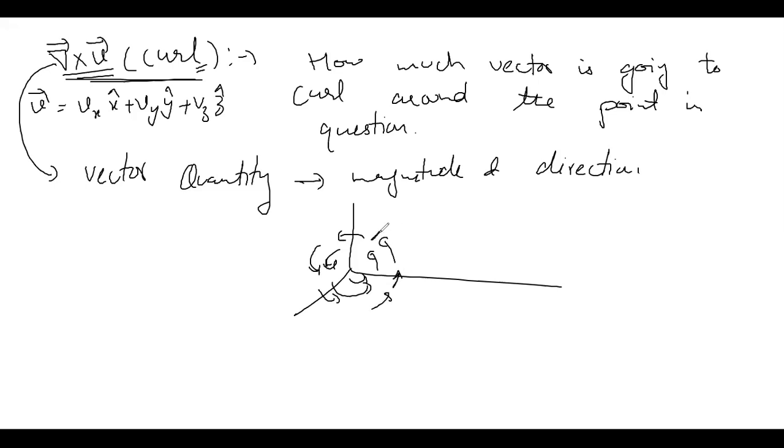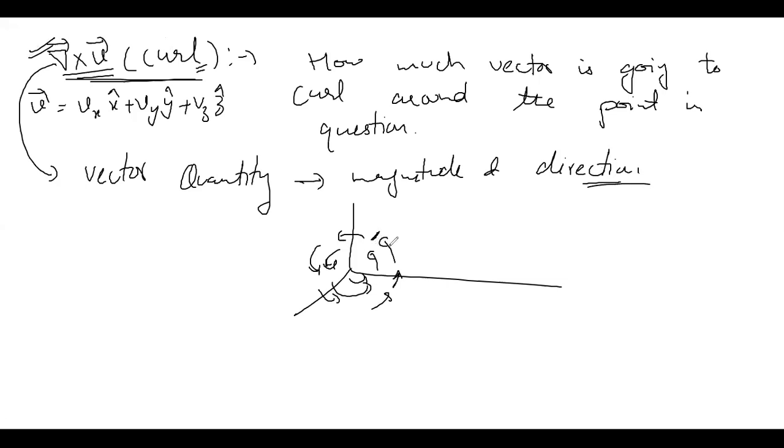We said if you place a paper boat here, it will start to rotate around. The curl needs to have a direction, right? It will have a magnitude and direction. How can you determine the direction? Again, use your right hand rule. Curl your fingers in the direction in which your vector is curling, and then the thumb will point in the direction of the curl. Del cross V will be in the direction of your thumb.